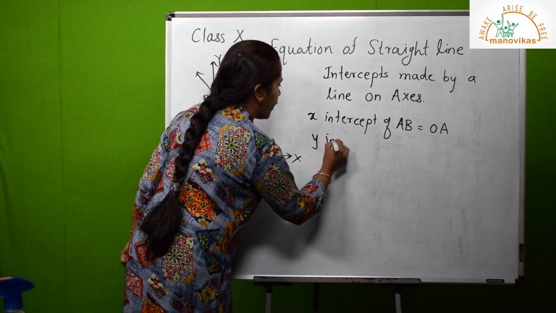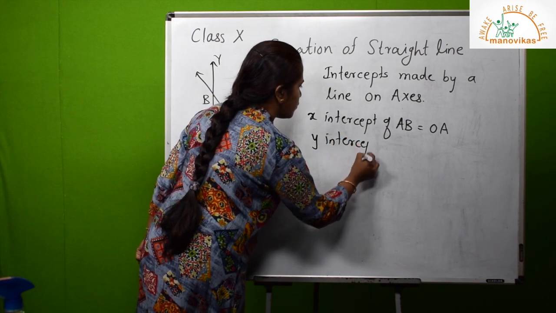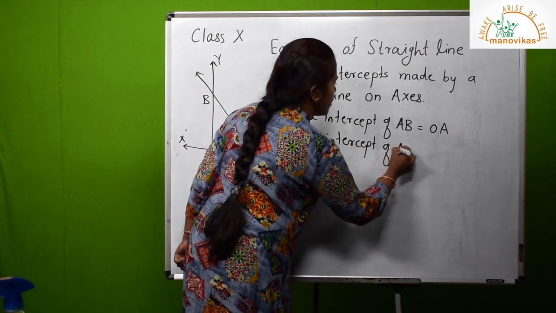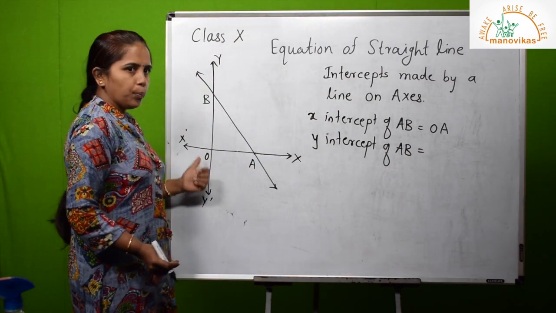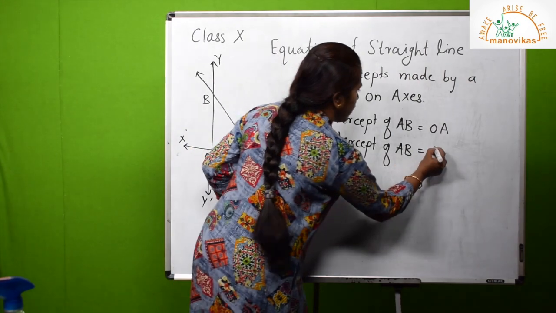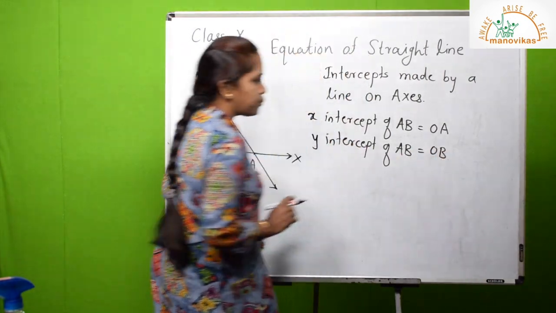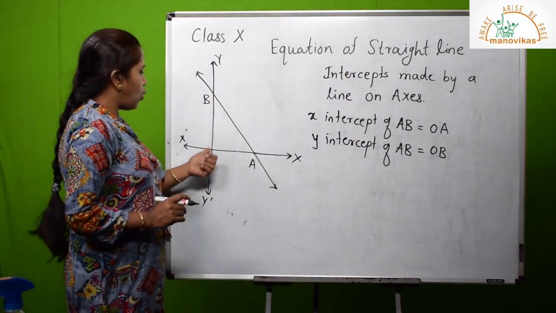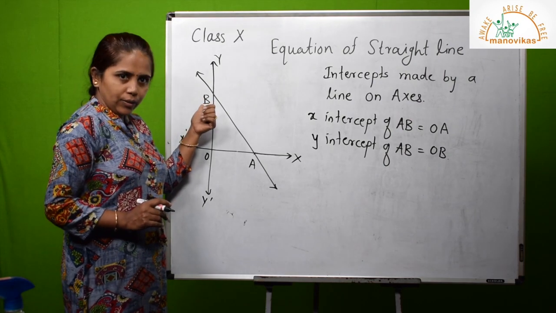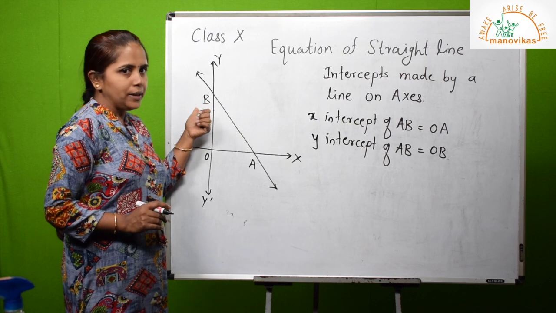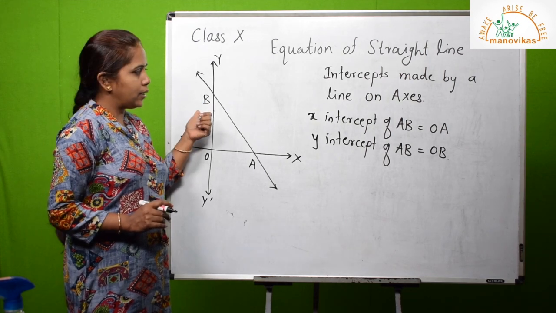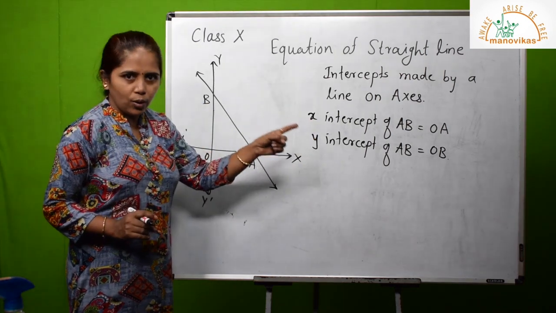Similarly y-intercept of AB is nothing but the OB distance, that is OB. So OB, which is nothing but the y coordinate of the point B, that is nothing but the y-intercept of AB.